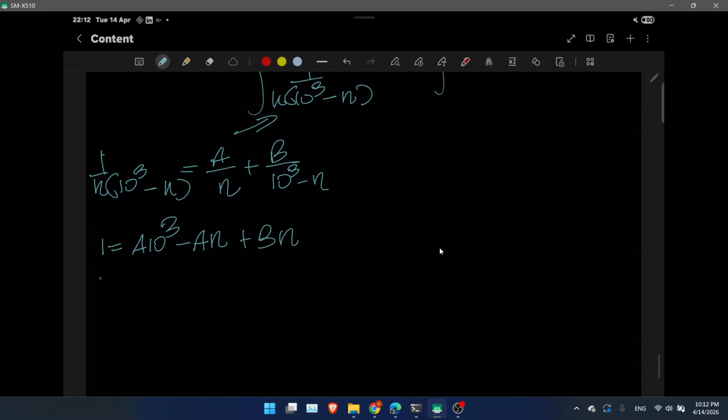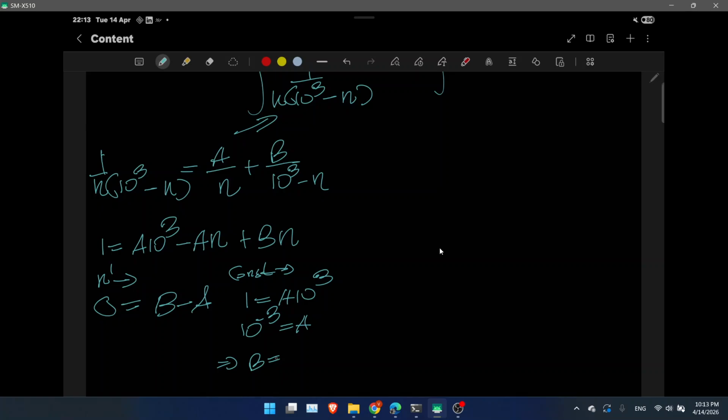If we consider the n to the power 1 terms, there is no n on the left, so 0 is equal to b minus a. And if we consider the constant values on both sides, 1 is equal to a times 10 to the power 3. So 10 to the power minus 3 is equal to a. That will imply b is also 10 to the power minus 3.